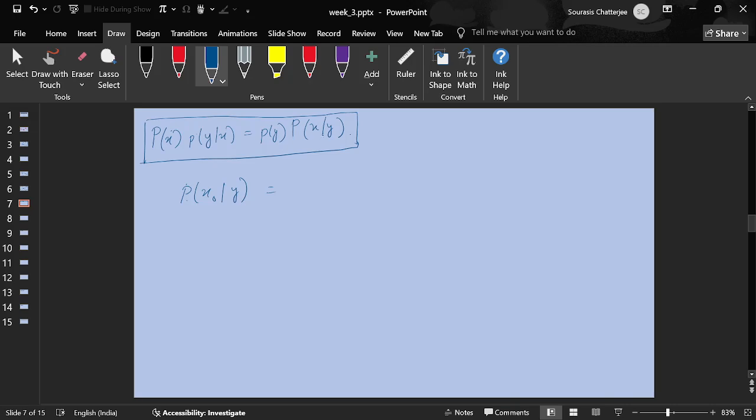So you can see the similarity between this term and this term. Basically I need to bring p of y to this side, so that will come below, and then here I have probability of x naught and probability of y given x naught. Now this you already told me is the a posteriori probability, fine. What is this one?